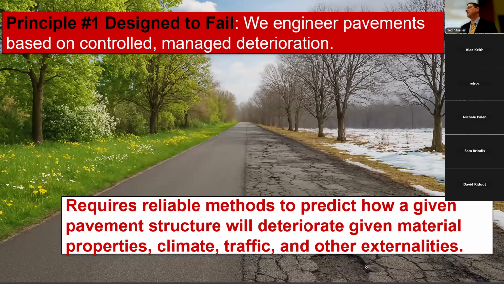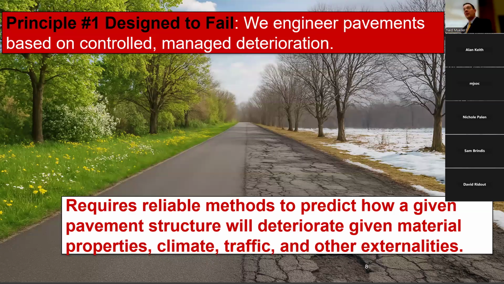Those external factors include traffic conditions, weights and types of vehicles, the climate or the weather patterns that manifest at a given location, the material properties that are embedded in that specific asset, as well as the foundational properties that exist. And so we have a lot of physical factors that contribute to this deterioration of pavements.